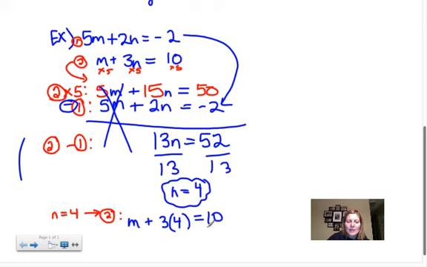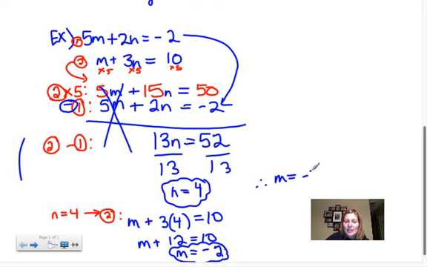And that's going to equal 10. And m plus 3 times 4 is 12 is equal to 10. I'm going to subtract 12 on both sides. 10 minus 12 is -2. And therefore, the solution is that m is equal to -2 and n is equal to 4. And again, you can check that using left side, right side.